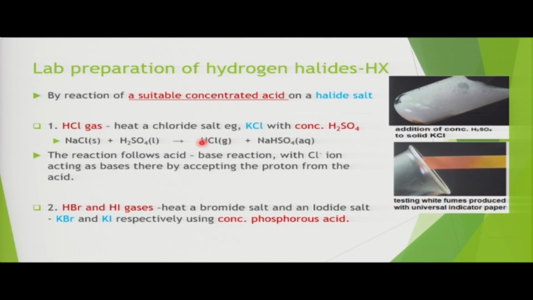So first, the hydrogen chloride gas or hydrogen chloride fumes are prepared by heating any halide salt, call it potassium chloride, call it sodium chloride, with concentrated sulfuric acid. We looked at this reaction when we were looking at the reducing powers of the halides with concentrated sulfuric acid.